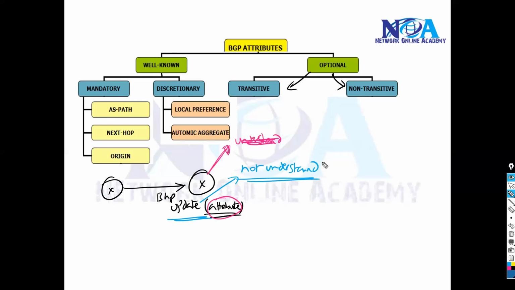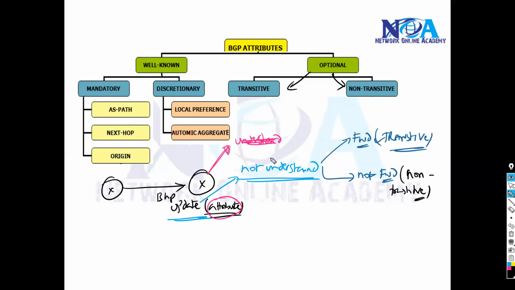Now, there are two possibilities. Either it will simply forward it to the neighbor without understanding, or it will discard that attribute information and not forward it. Normally transitive attributes are carried forward even though the router doesn't understand them; it just passes them on.